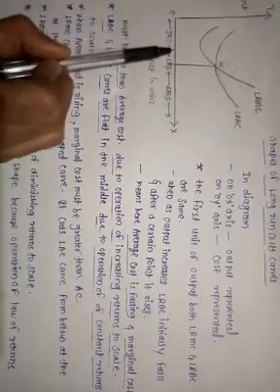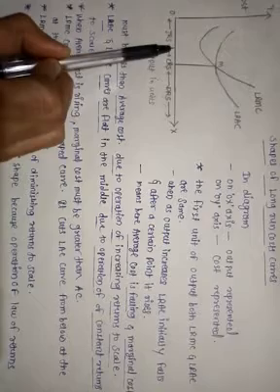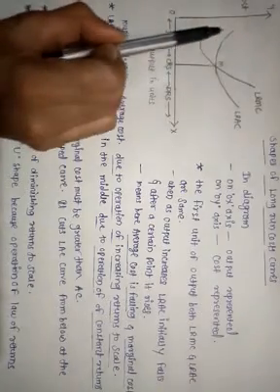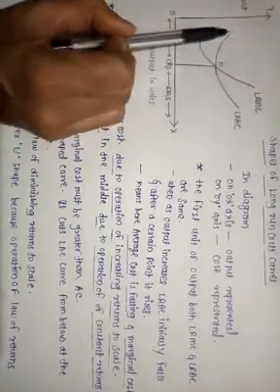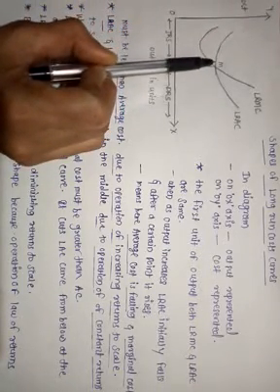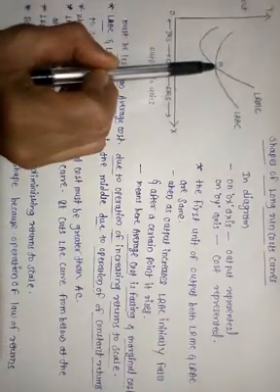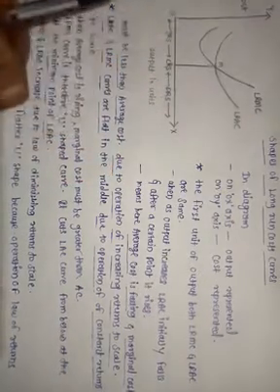When output increases, the long run average cost curve initially falls, and after a certain point it rises.